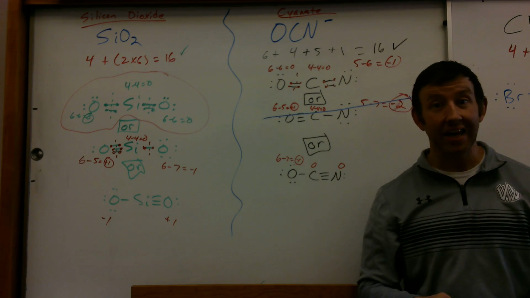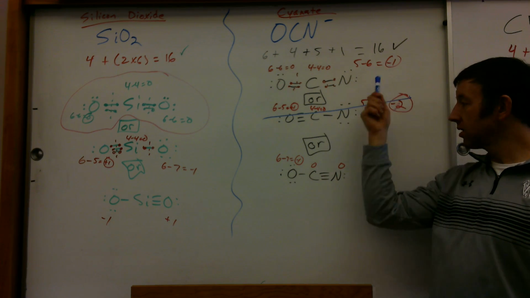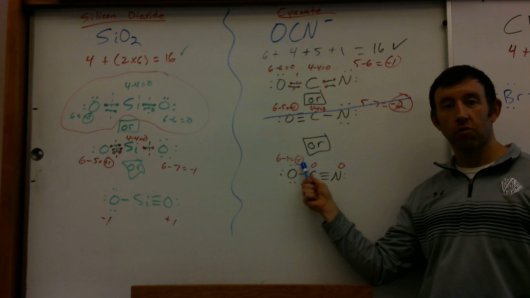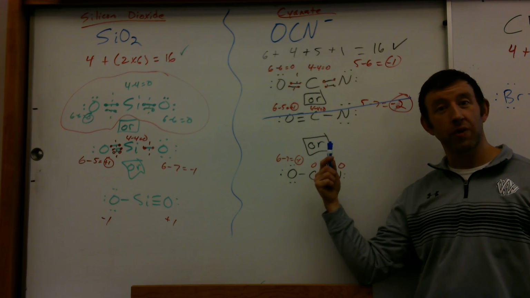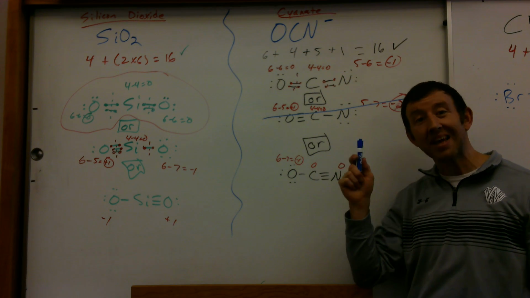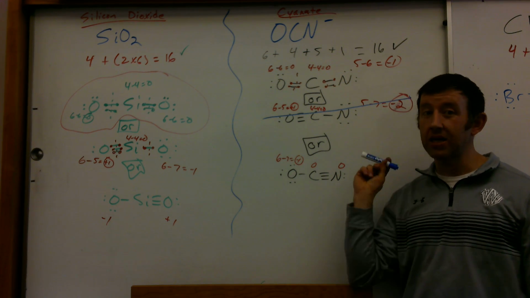That's probably our least likely of the three, but we've got one formal charge of minus 1 here, then one formal charge of minus 1 here. So is one of those better than the other, or are they equally likely? Answer is they're not equally likely.